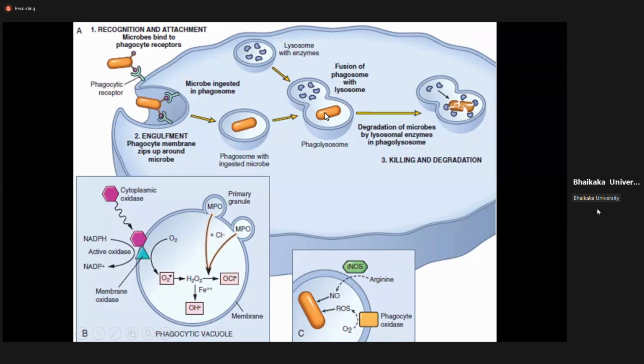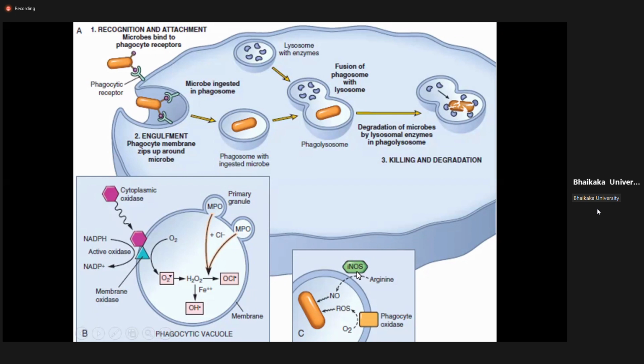Within this phagolysosome, there are 3 processes which occur, which will try to destroy the microorganism or ingested material. One is lysosomal enzymes will act on this microorganism. Another important thing is oxygen derived free radicals or reactive oxygen intermediates, which will also try to destroy the microorganism.